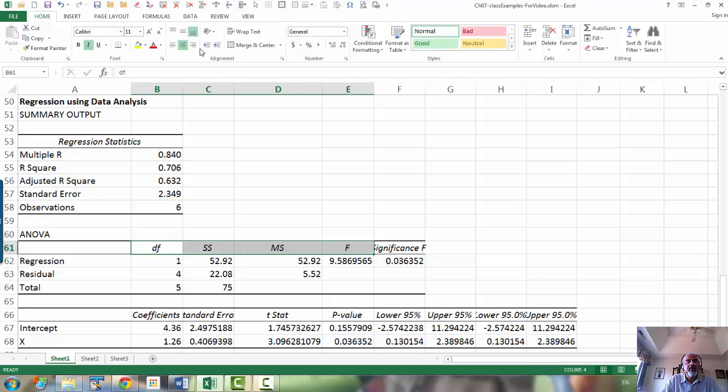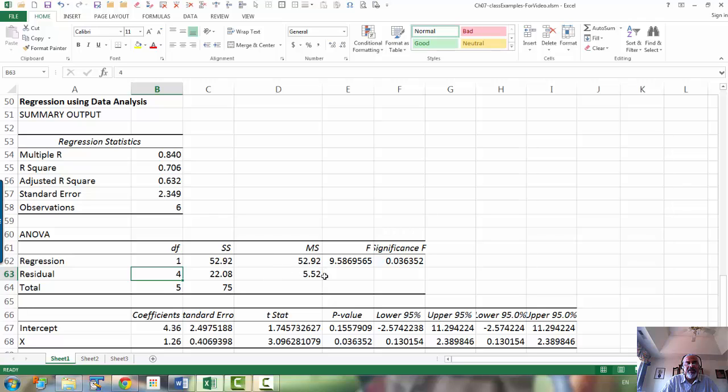Now here is the sums of squares table, which is also called the ANOVA table. That is SSR in the regression row. Residual is simply another name for error. Excel calls it residual, which is just fine, so remember that this is error. So this is SSE. The sum of these two is the total. Now you divide by the degrees of freedom: the degrees of freedom are the number of X variables, which is 1, then n minus 2, and n minus 1 for the total. Dividing the sum of squares by the degrees of freedom gives you the mean square.